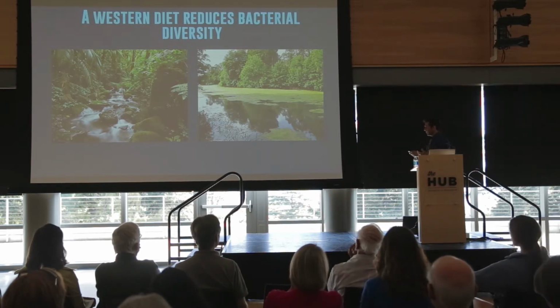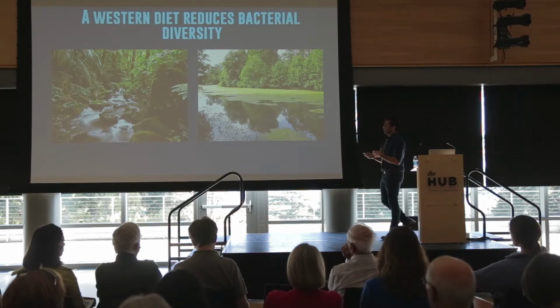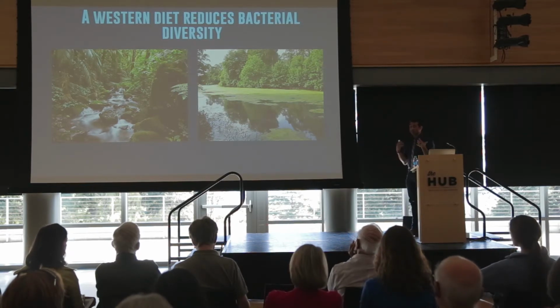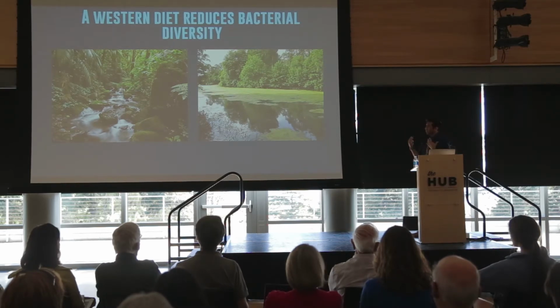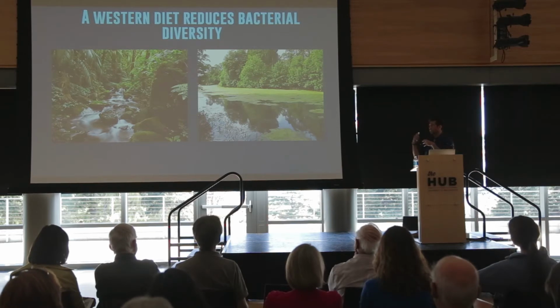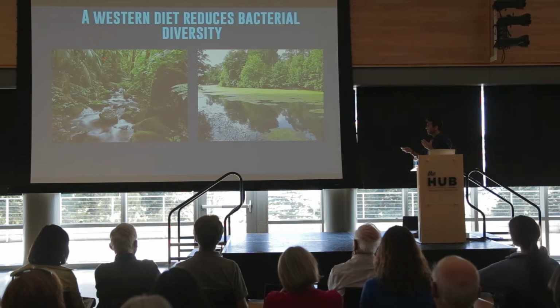If you think about a microbiome, normally it should be rich and lush and have a lot of diversity, a lot of different species of bacteria that can contribute to our health. It's really like a tropical rainforest with all these plants and all this greenery.